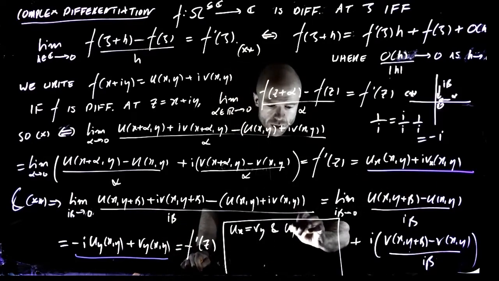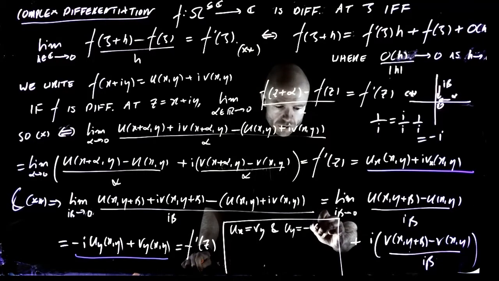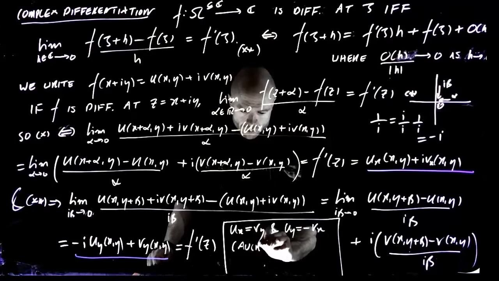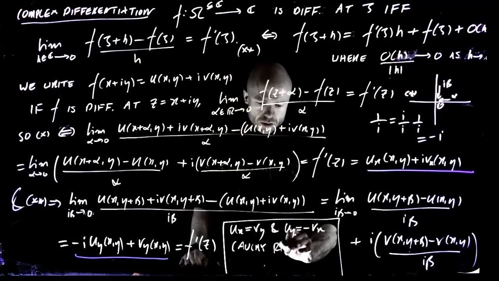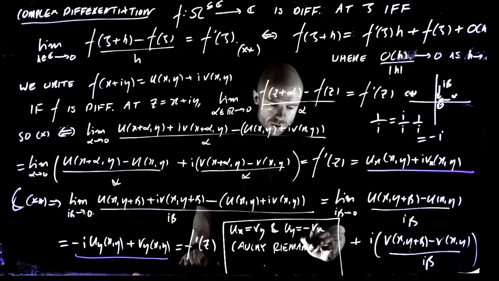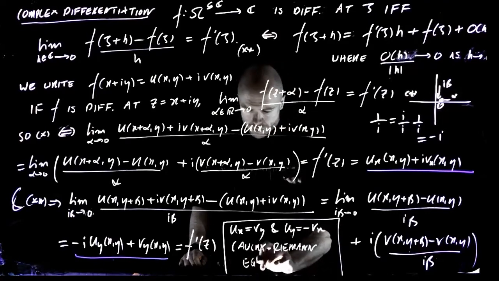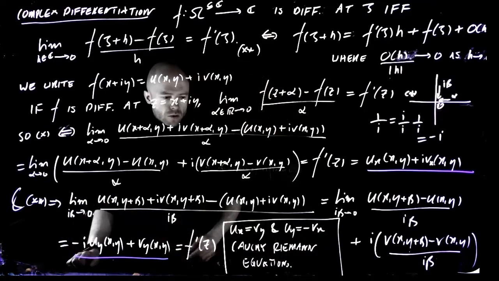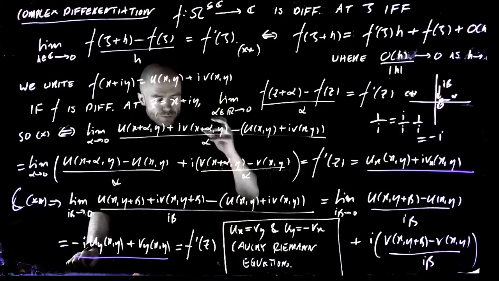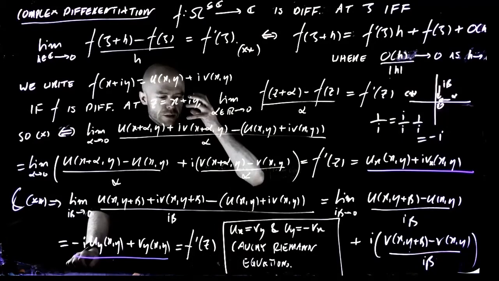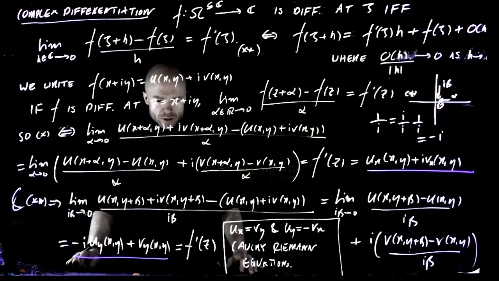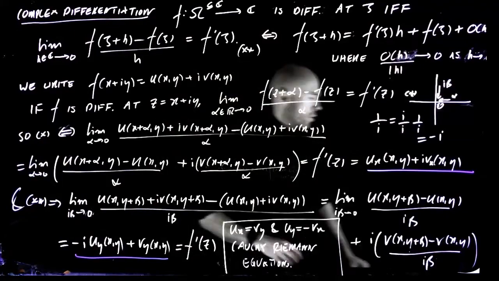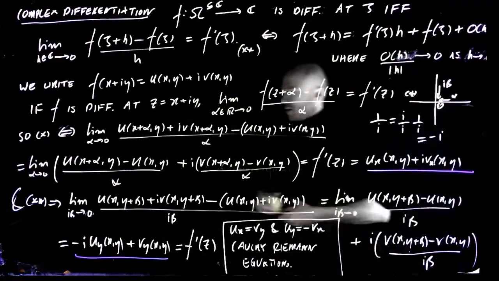So I can write it as u sub y is minus v sub x. Cauchy Riemann equations. Okay, cool. So this has enormous implications. This says an awful lot. And I'm going to erase the board and we'll talk about what this says in a second.